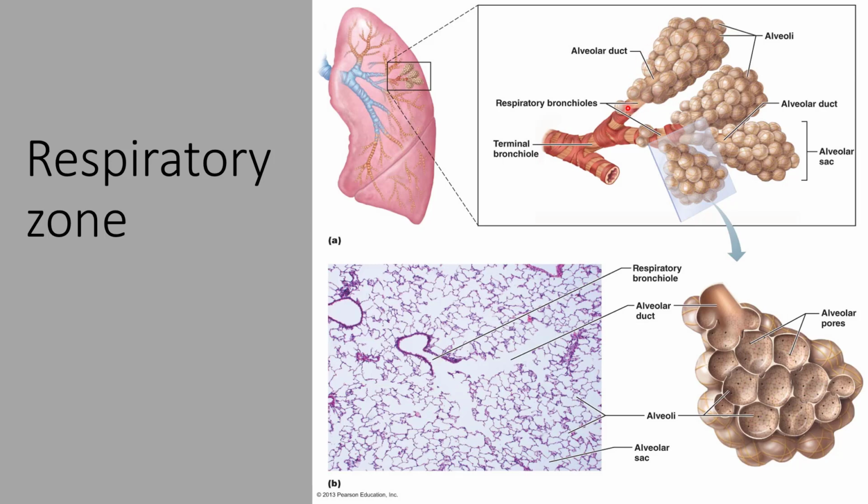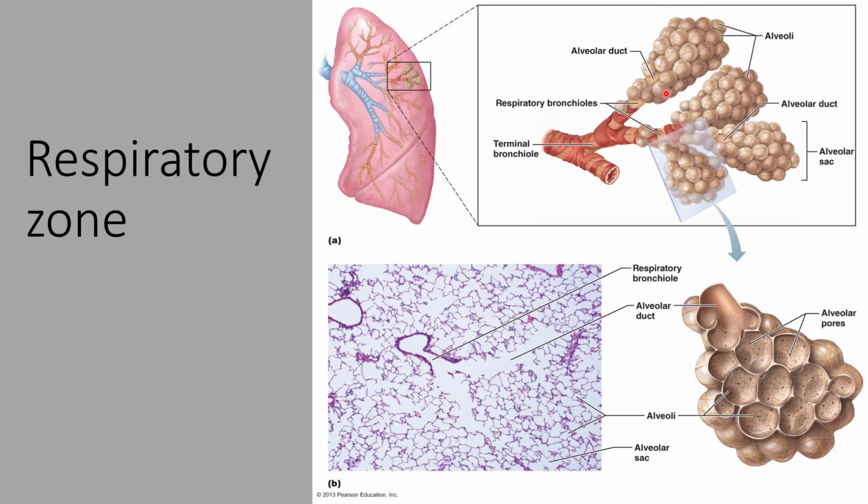Coming out of the terminal bronchiole, we lose that smooth muscle, and we are now in the respiratory bronchiole. The respiratory bronchiole is simple squamous epithelium. It carries air up into something called an alveolar duct. An alveolar duct is what actually connects the respiratory bronchiole to the alveoli and carries air into the alveoli.